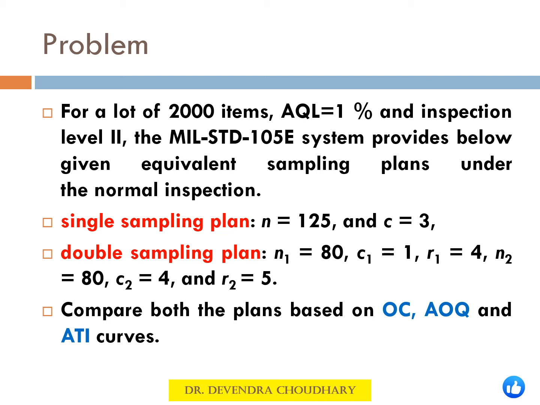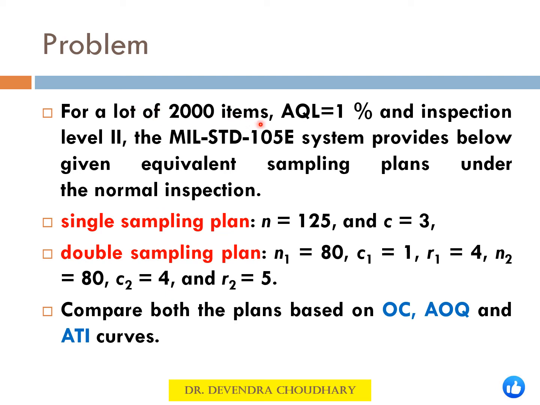Now let's take an example to understand and compare how we can perform calculations for the single sampling plan as well as the double sampling plan, and draw OC, AOQ and ATI curves for comparison purposes.